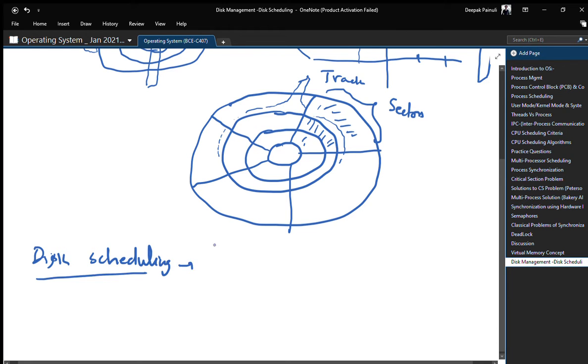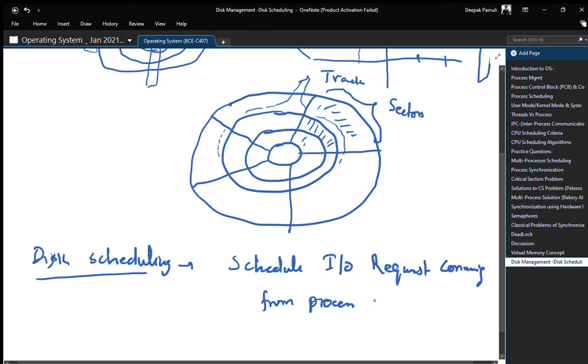We are going to schedule the IO requests coming from processes on disk access.